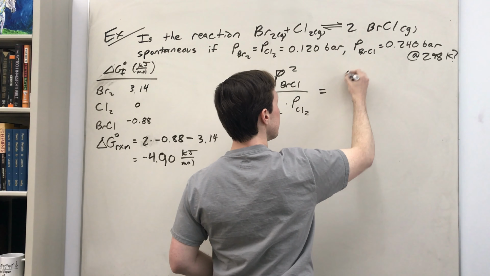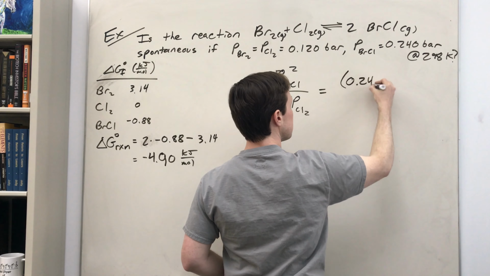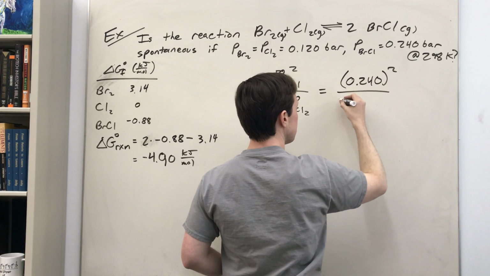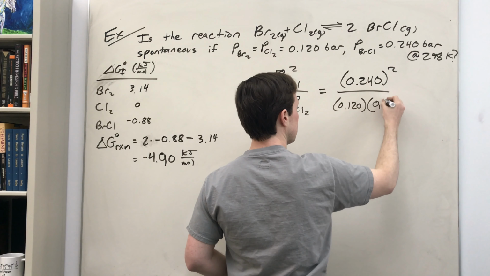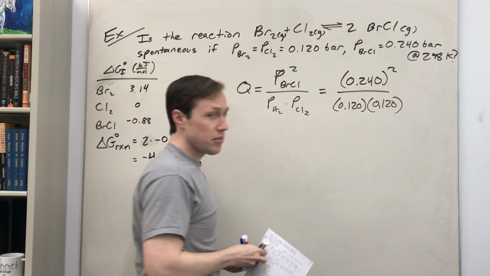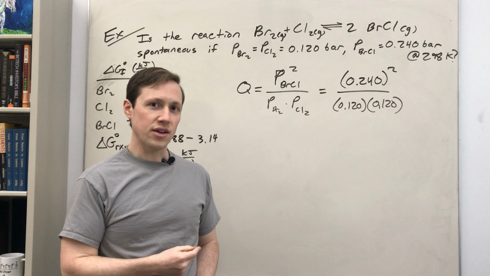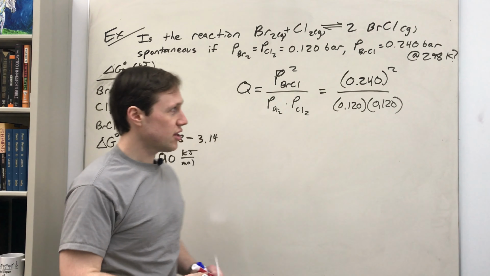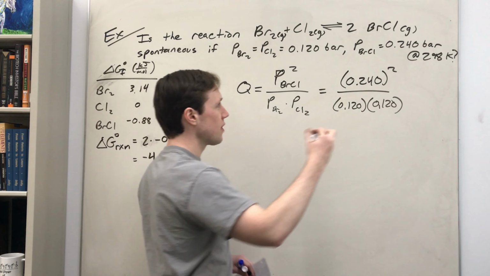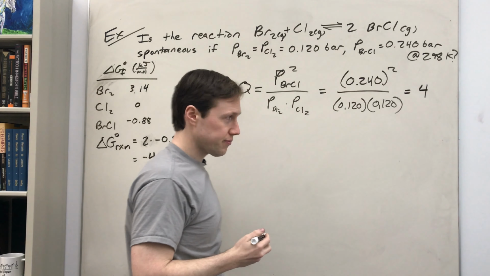We can fill in our given values. Remember, these numbers are made unitless in a reaction quotient because we're dividing by the standard state of each, which is 1 bar. That gives us a reaction quotient of 4.